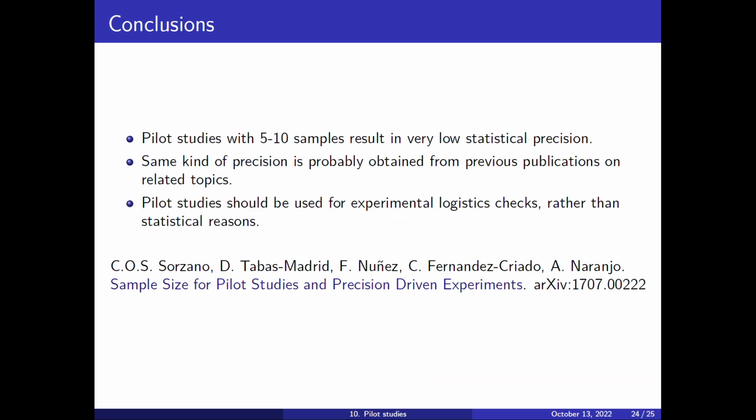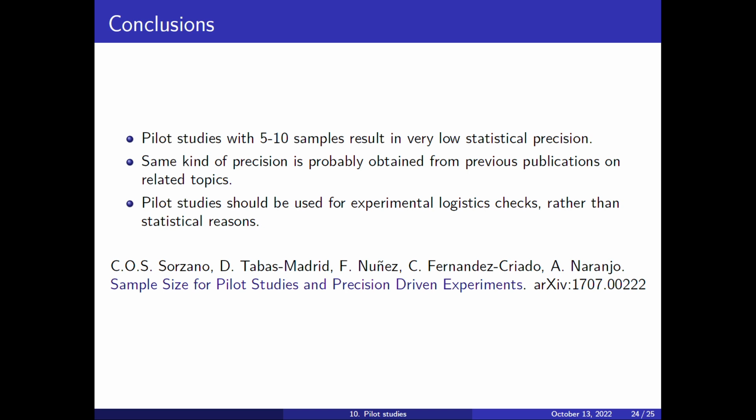Okay, so in conclusion, pilot studies with 5 to 10 samples result in very low statistical precision. The same kind of precision is probably obtained from previous publications on related topics. And pilot studies are good for experimental logistic checks rather than statistical reasons.